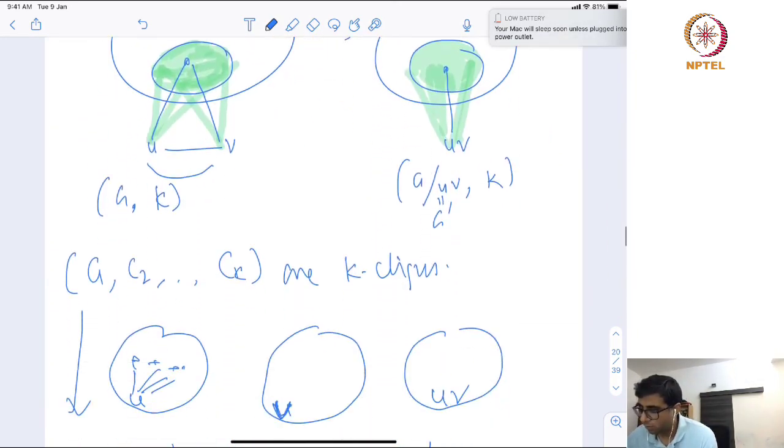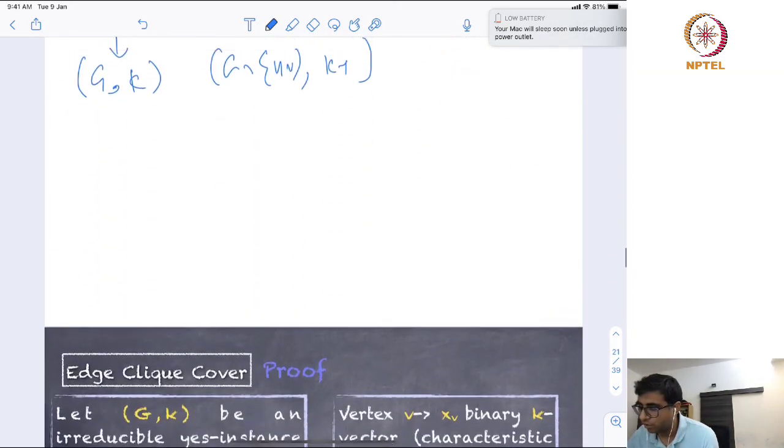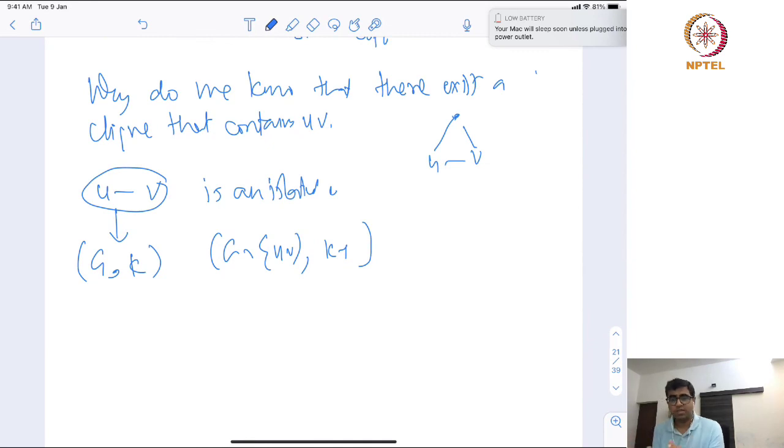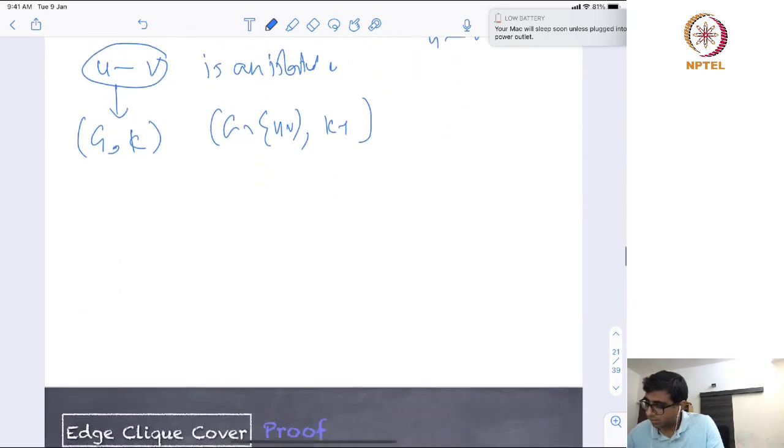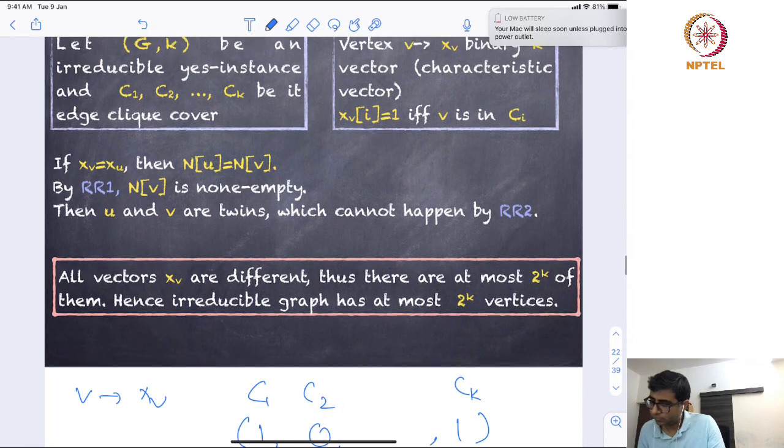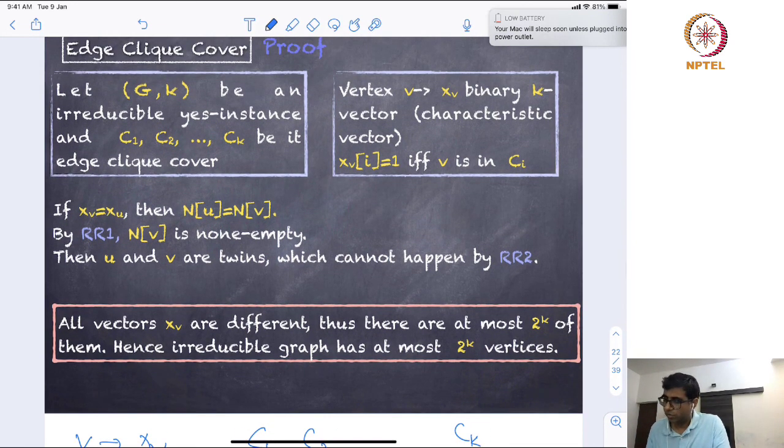So we found two vertices uv whose closed neighborhood is the same, which means not only do they have a neighbor among themselves, but all their outside neighbors are also the same. These kinds of vertices are also called twins. So all vectors xv are different, thus there are at most 2 power k of them, hence an irreducible graph has at most 2 power k vertices.